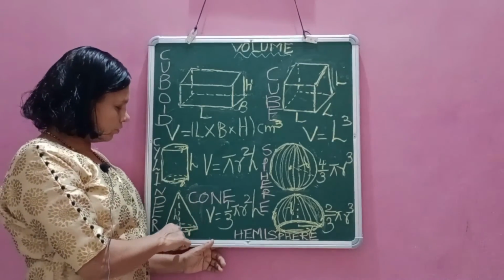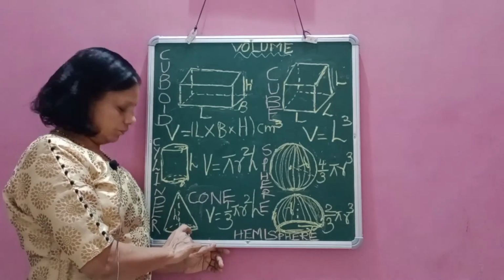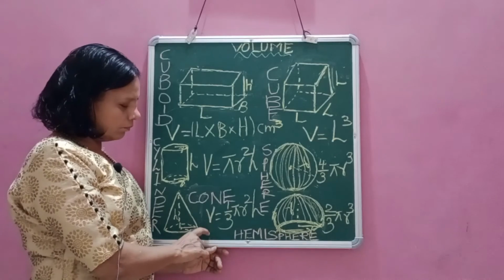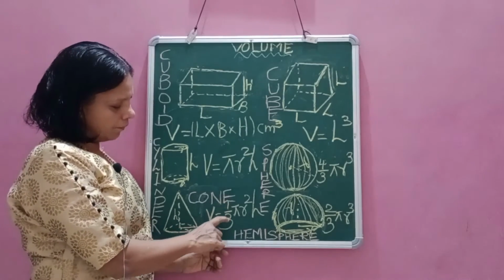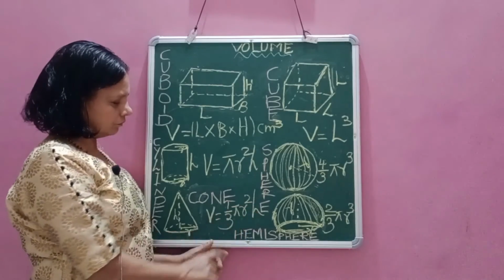Here it is not uniform throughout from lower to upper. So the volume is 1 upon 3 pi r square h.